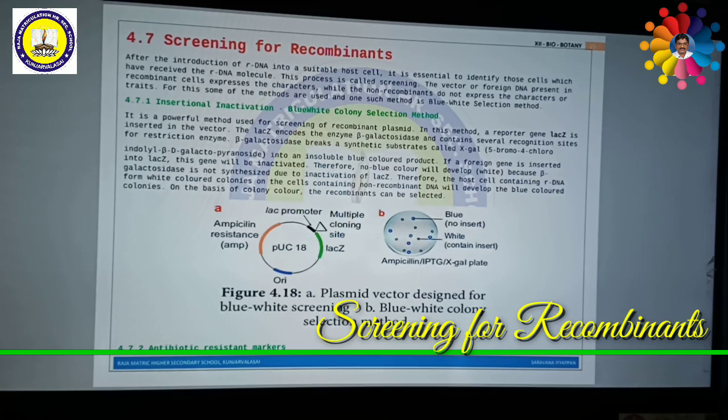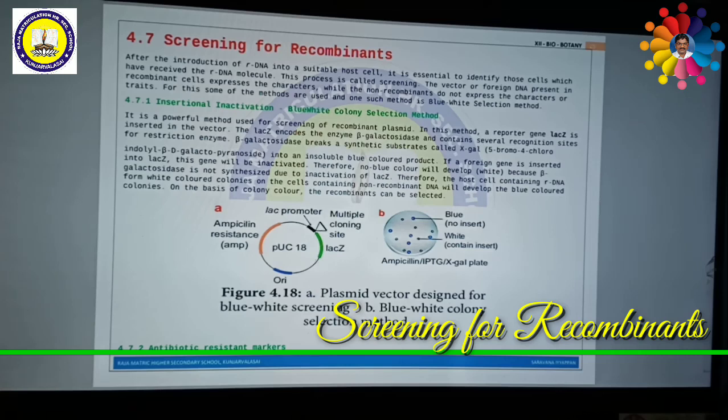Therefore, the host cells containing rDNA form white colored colonies, while the cells containing non-recombinant DNA will develop blue colored colonies. On the basis of it, we can identify what is recombinant and what is non-recombinant. So recombinants will produce white color, and non-recombinants will produce blue color, because the blue ones have LacZ. The white ones also have LacZ, but it is inactivated by the foreign gene.